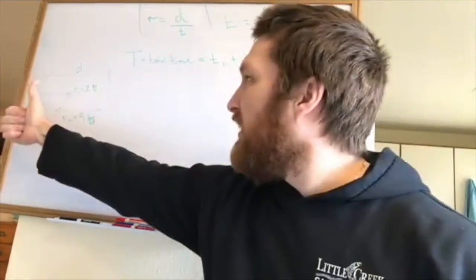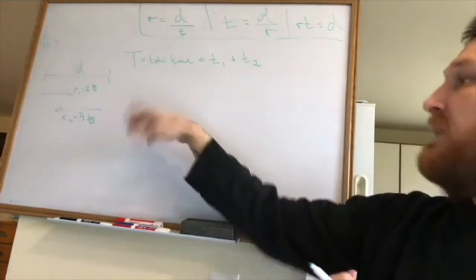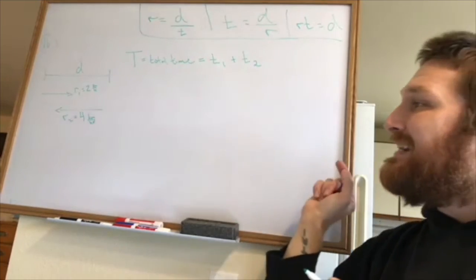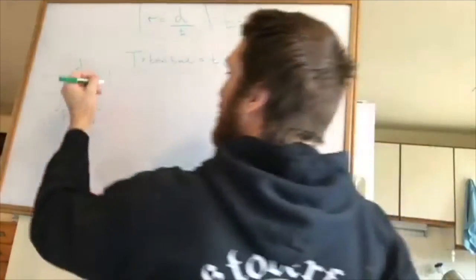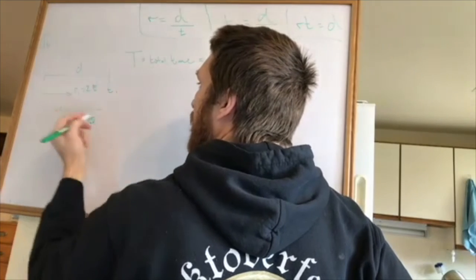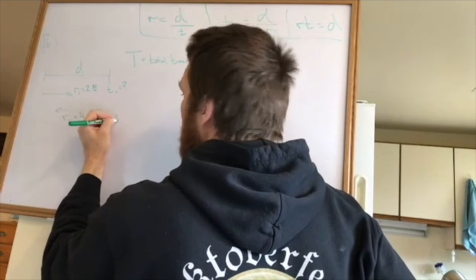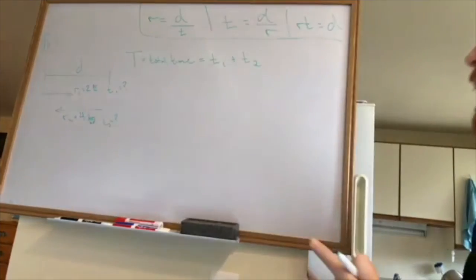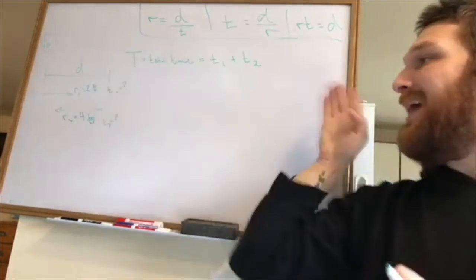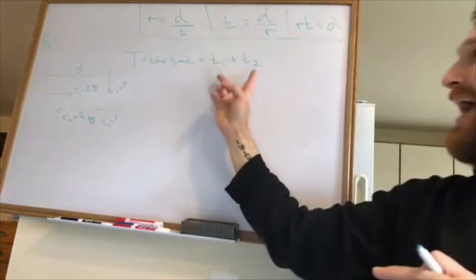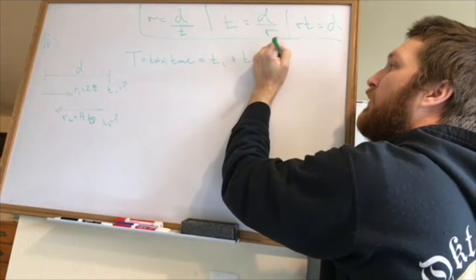So she paddles out for a certain amount of time, T1, we don't know what it is. And she paddles back in a different amount of time, T2, we don't know what it is. But we do know that the time for trip 1 and the time for trip 2 add together to give me the total time, which is 1.5 hours, because that's what they gave us.